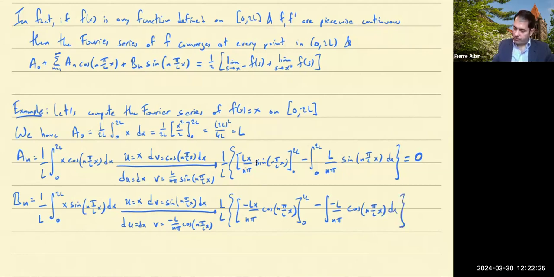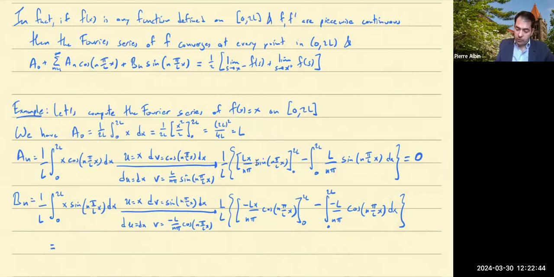Okay, so let's stare at this. This integral, by the same reasoning as we used here, the fact that we're integrating cosine over n full periods, that just integrates to 0, right?